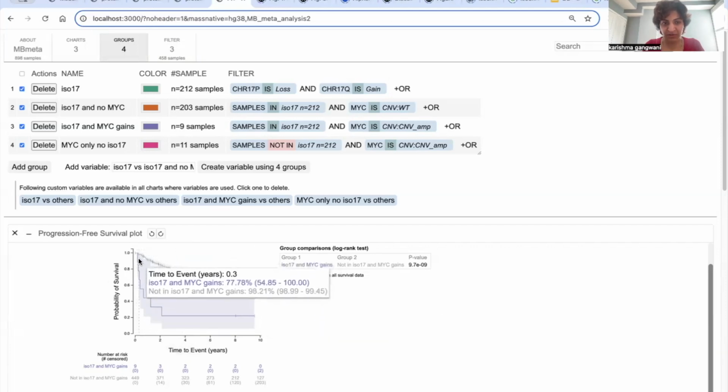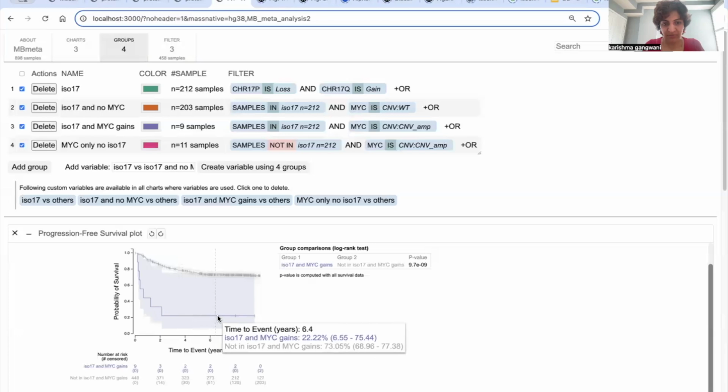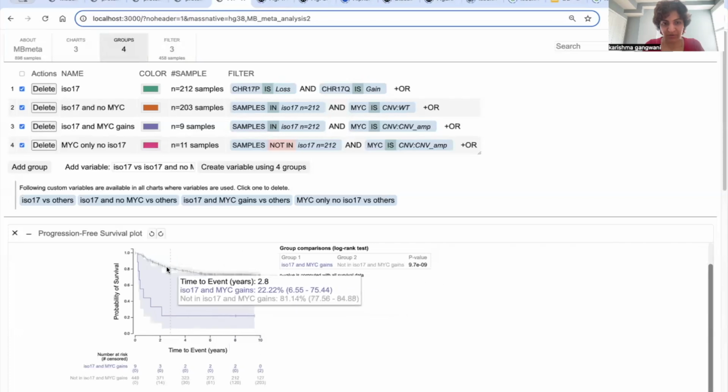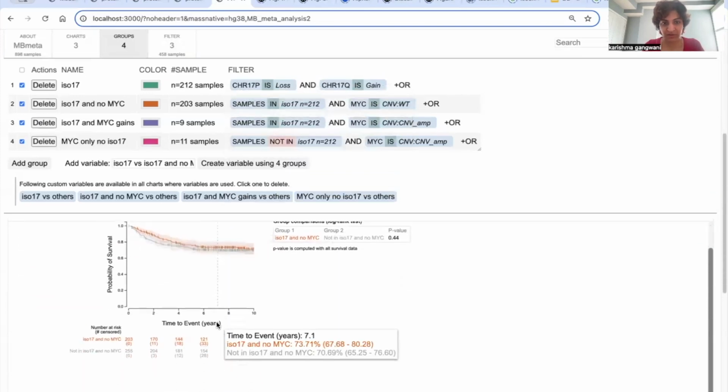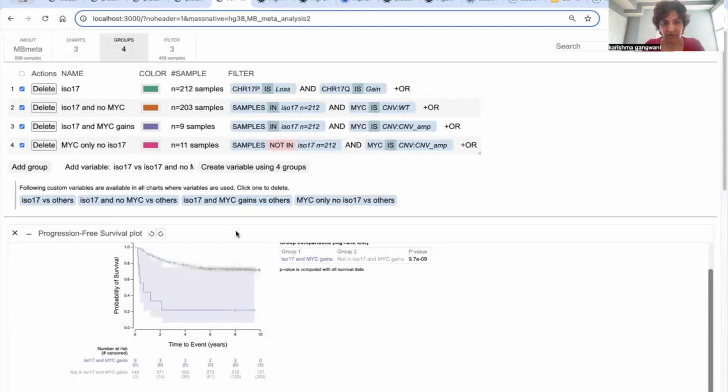You can see the immediate drop for those cases compared to the rest of the subcohort. And this is very significant as shown by the p-value. So this clearly tells us that between ISO 17 and MYC, when these cases have MYC amplifications, their survival outcomes become even poorer. And that's what we have seen from the previous analysis as well.